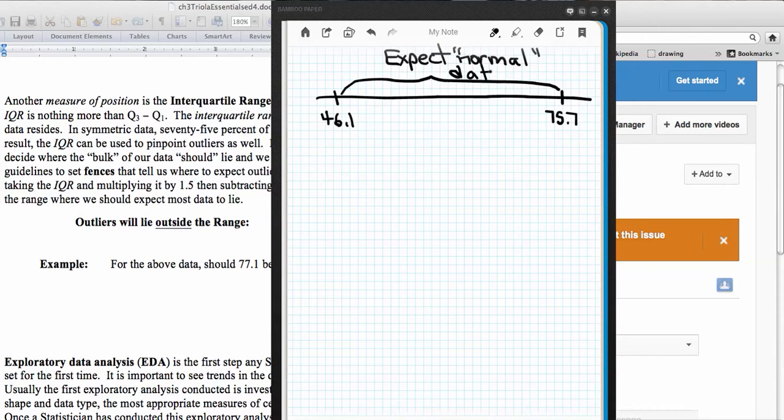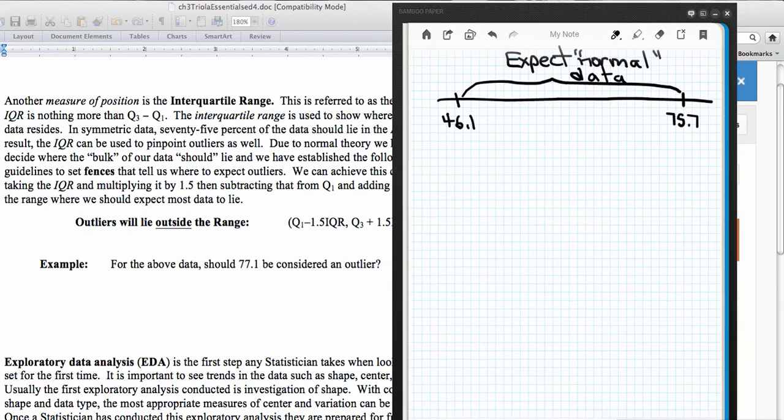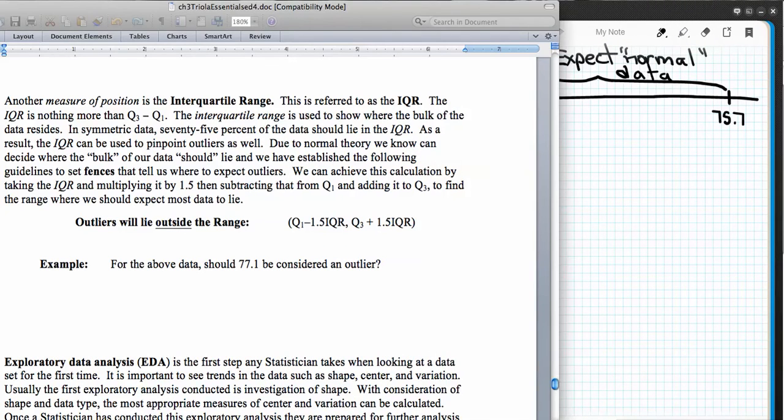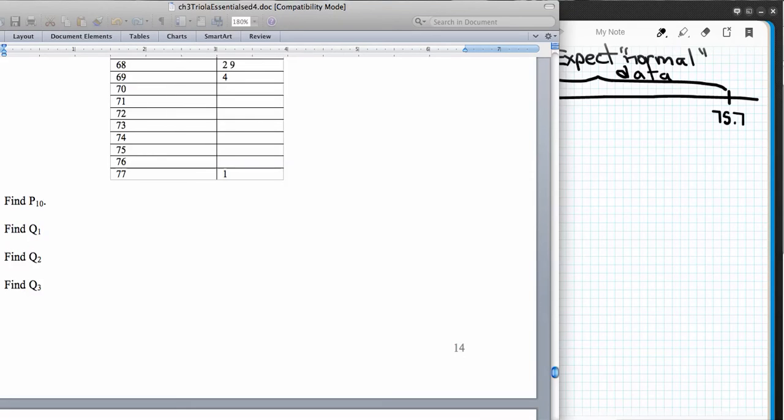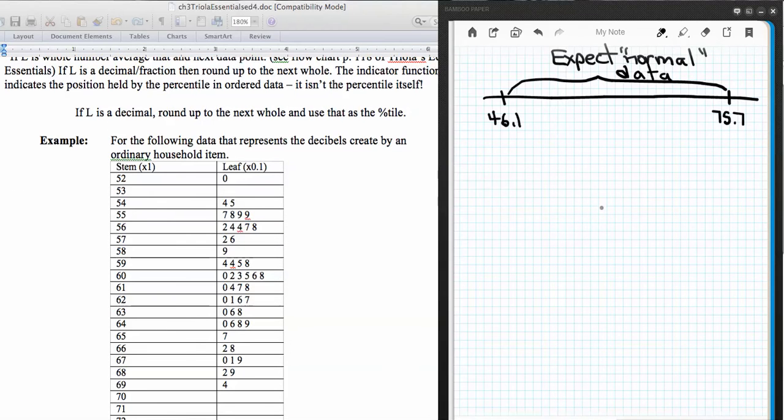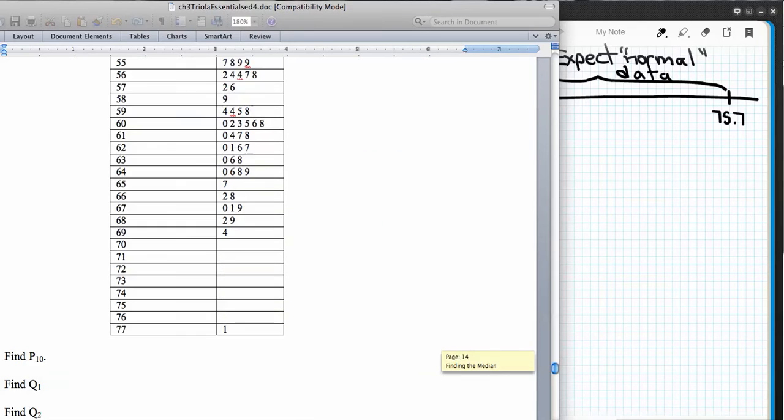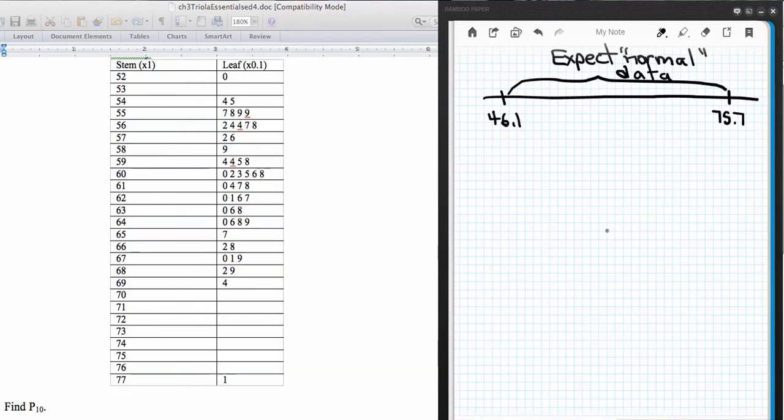So what I'm going to be looking for to see if I have any potential outliers is I'm going to go back to my data and actually look at my data. Oops, I have to scroll this down so you can see it. I want to see where my data is. So I'm going to put in red here where my data points are. Now, this isn't to scale or anything, so forgive me.